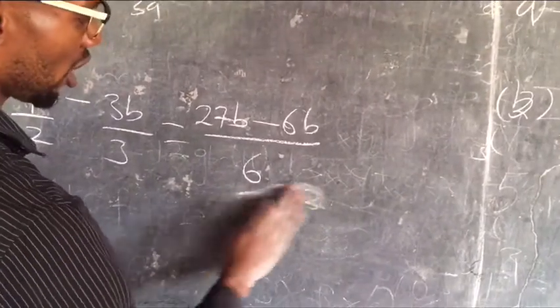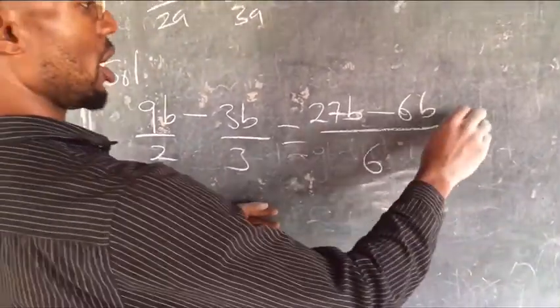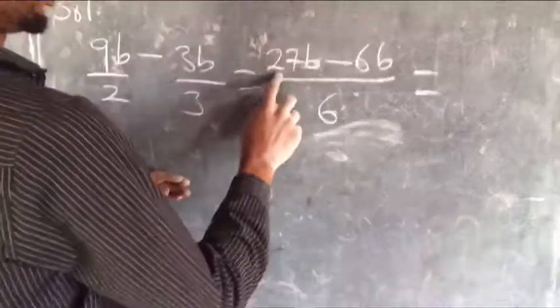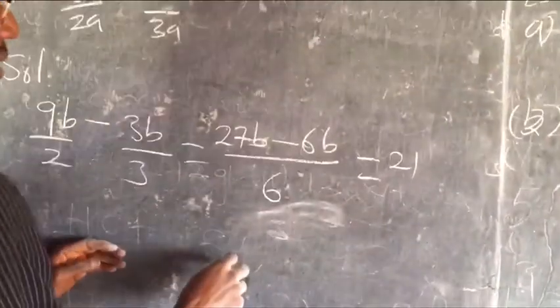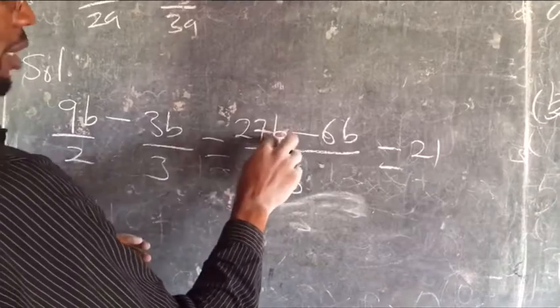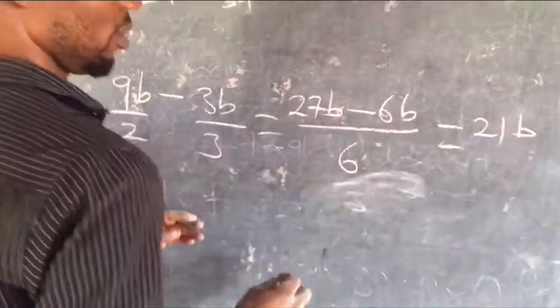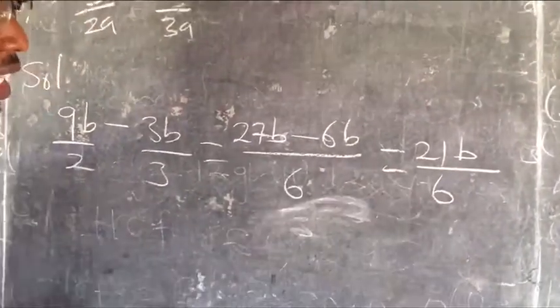So our fraction like this is equivalent to this. Then because this one's not like terms, so we go say 27 minus 6 now 21. Abi? Then 21b. Now what we go get? Then over 6 like this.